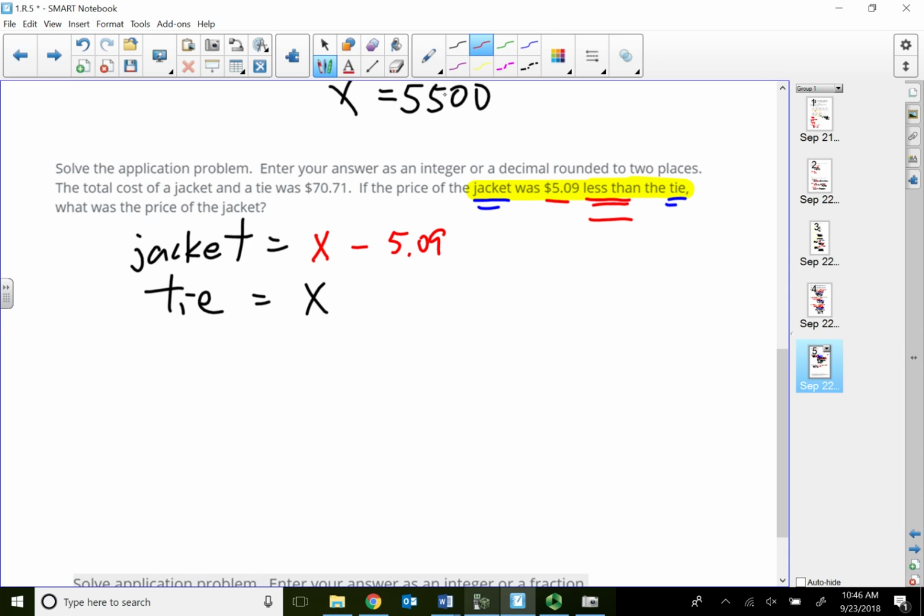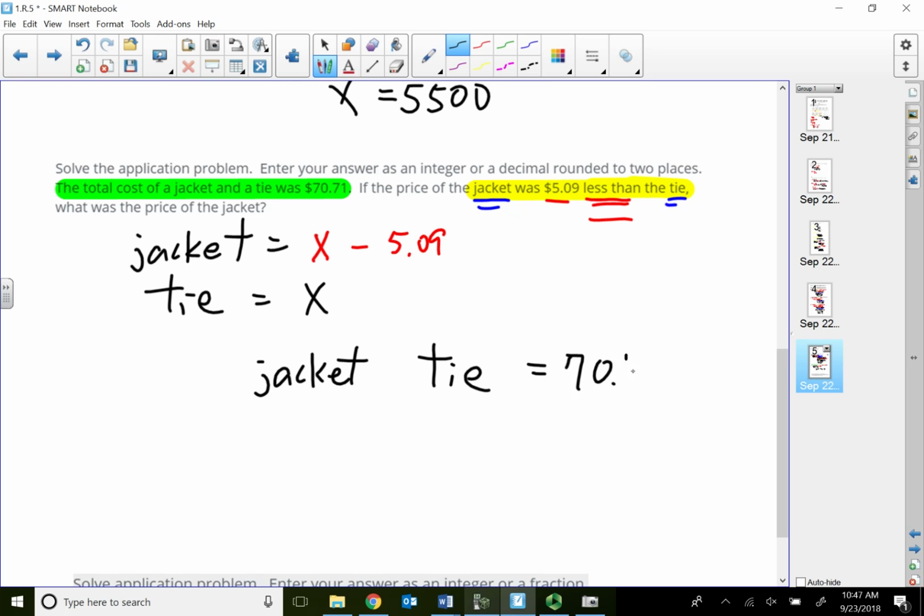So I need to go back to the very beginning of this problem. The total cost of the jacket and the tie was $70.71. That sentence tells me how to write out the equation, because it literally says the total cost of the jacket and the tie was $70.71.